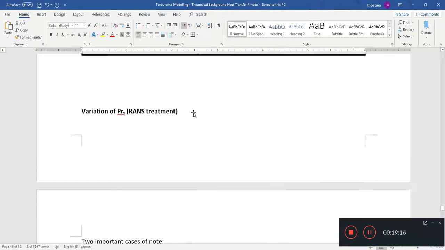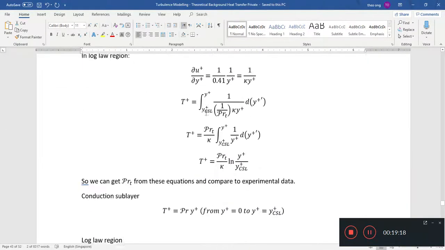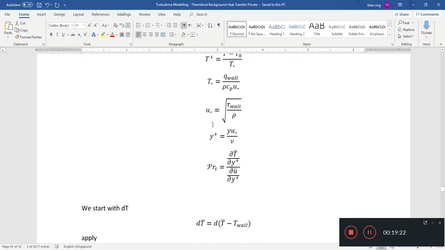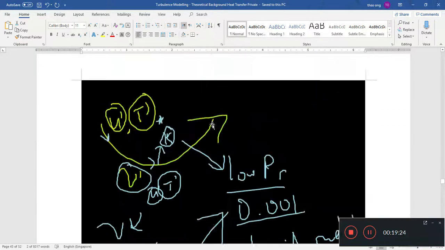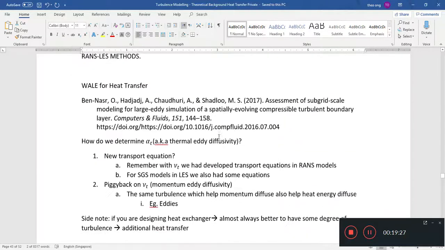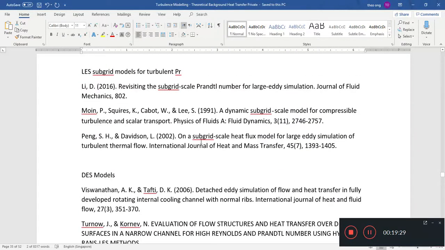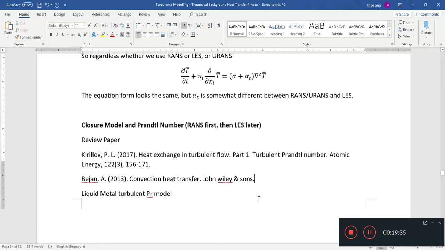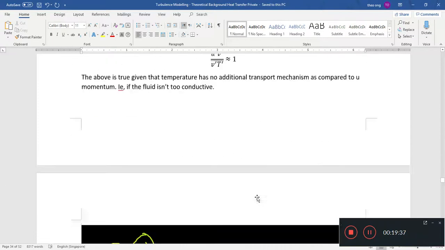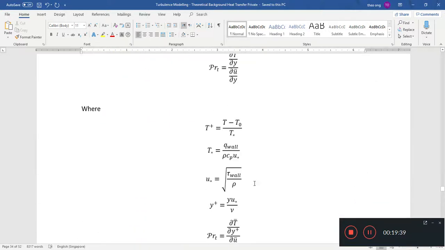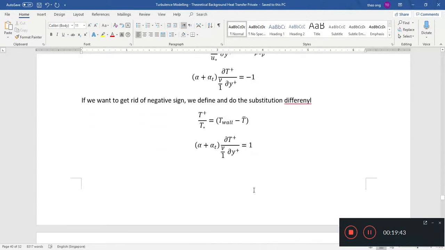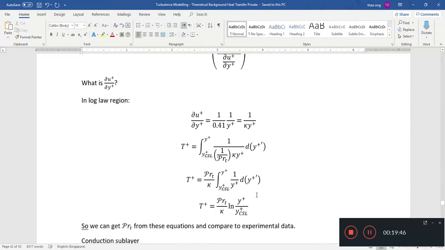His paper is here. Kirillov, Heat Exchange in Turbulent Flow, Part 1, Turbulent Prandtl Number. So do go and check his paper out. You should be able to find some of the Prandtl number correlations there. For high Prandtl number especially, there's a table towards the end of his paper.